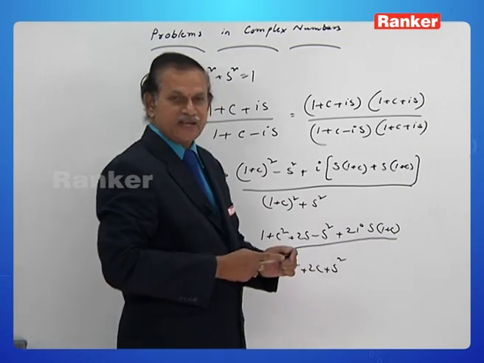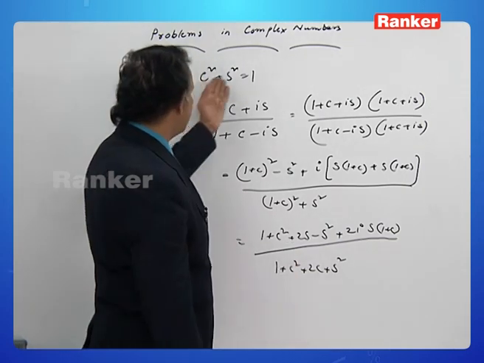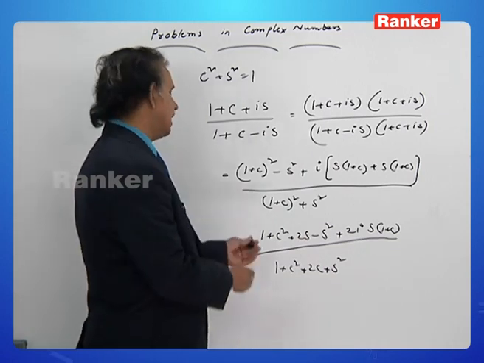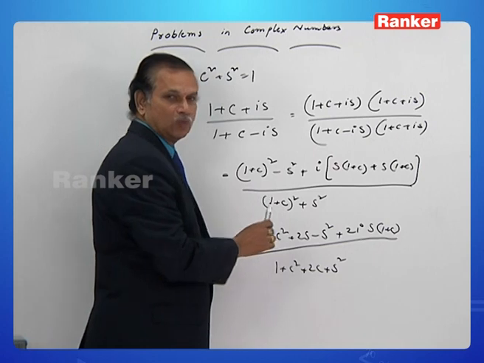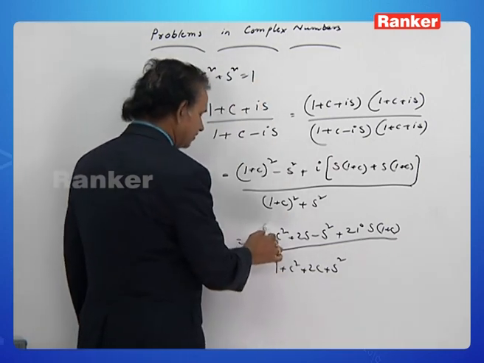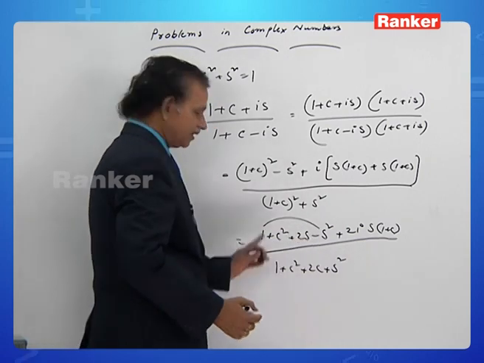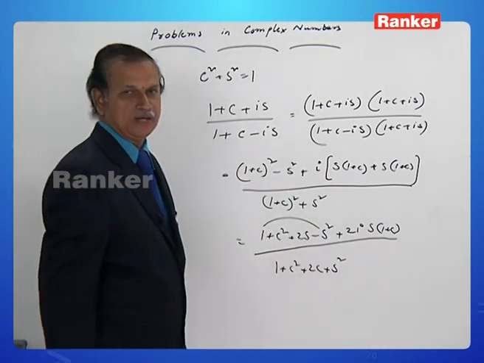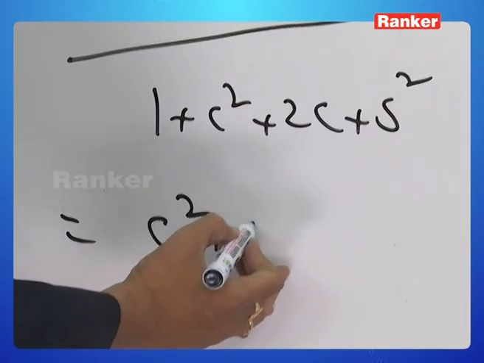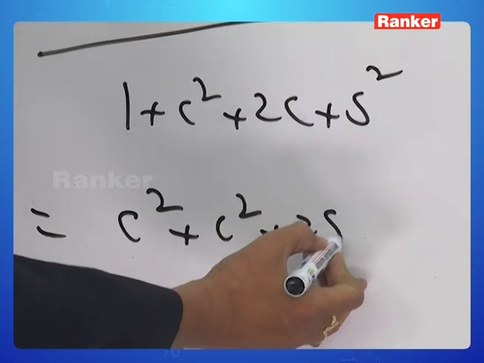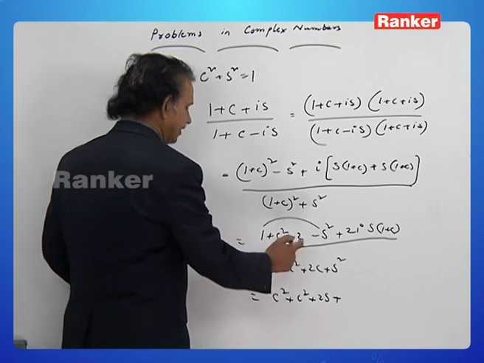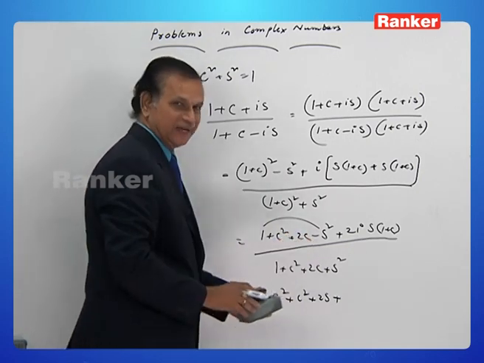I have written 2s here, this is 2c. Now this is the right time for us to make use of the equation c square plus s square is equal to 1. Then what is c square? 1 minus s square. Therefore, in the place of 1 minus s square, what can you have? C square. Therefore, the numerator becomes c square plus 2c, while expanding 1 plus c whole square, 1 plus c square plus 2c you must have, not 2s.